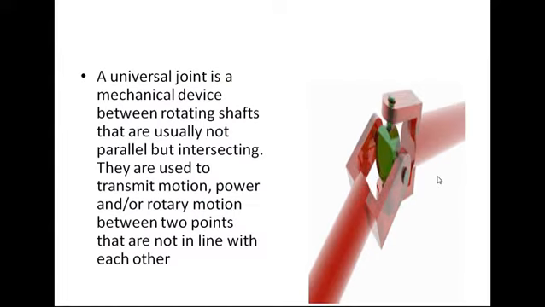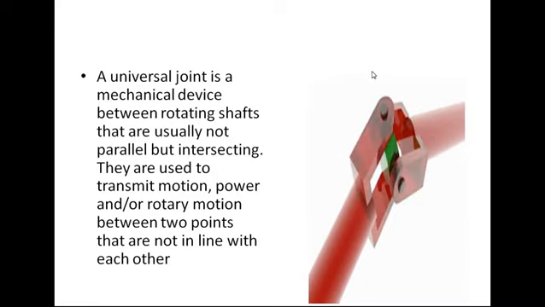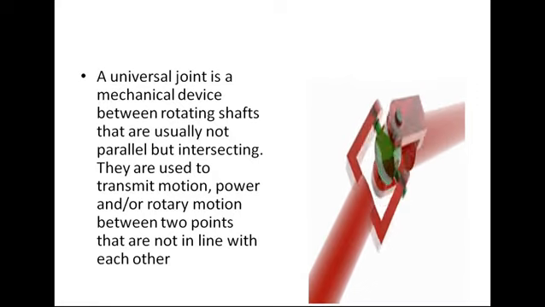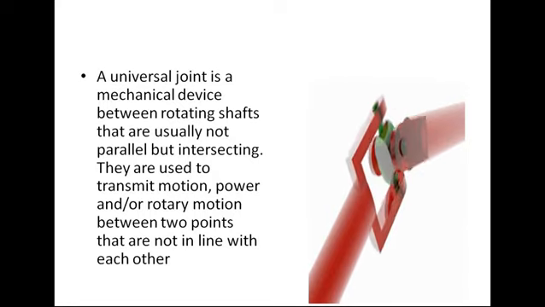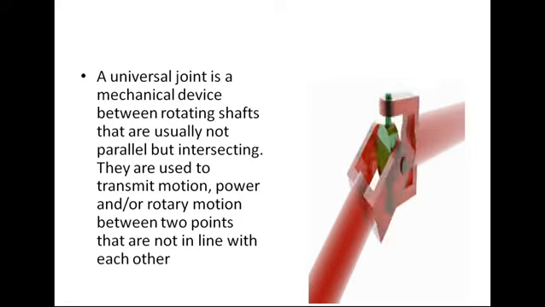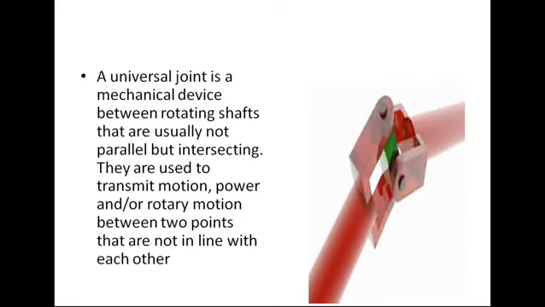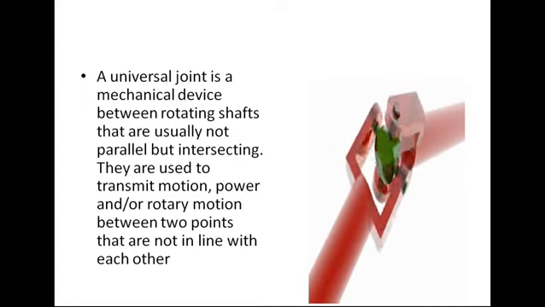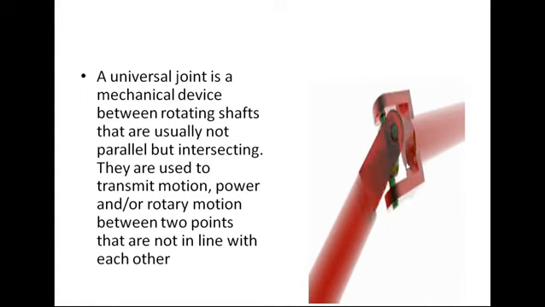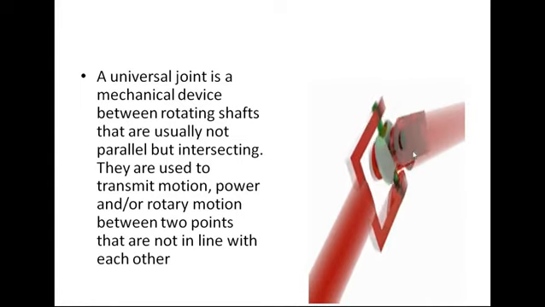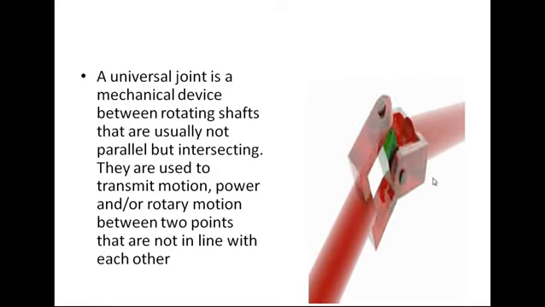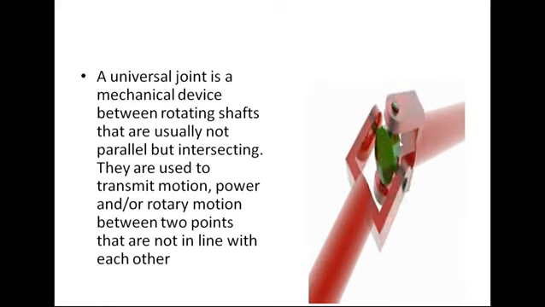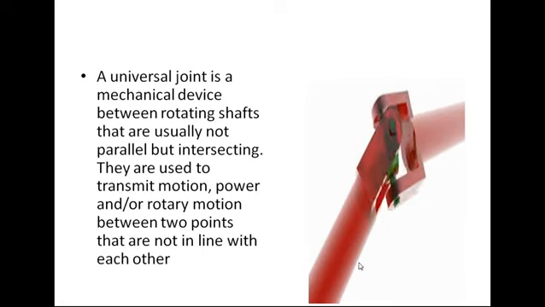A universal joint is a mechanical device between rotating shafts that are usually not parallel but intersecting. They are used to transmit motion, power and rotary motion between two points that are not in line with each other. Here you will see the motion is transmitting from one shaft to another shaft, where one shaft is the driver and the other is the driven shaft.